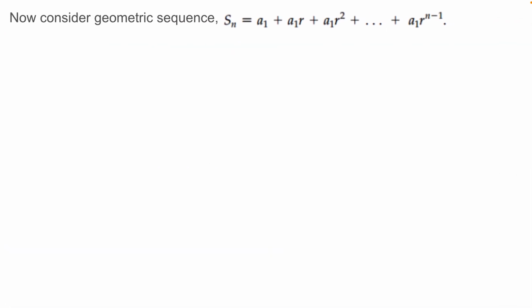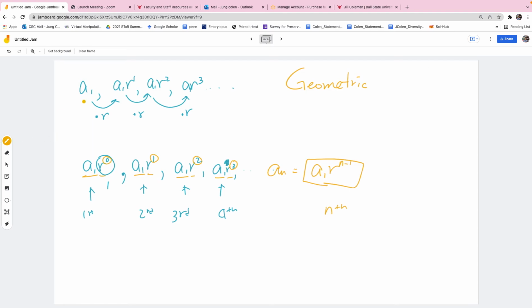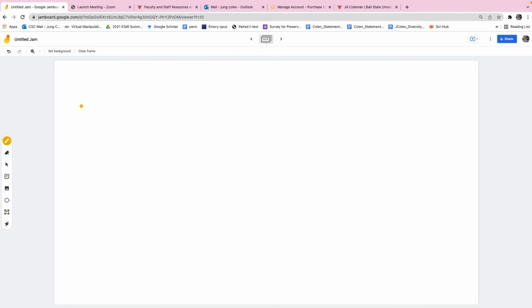So you can see the nth term is a sub 1 times R to the n minus 1 power. Using this, can we find the sum? Of course we can, right? So let me rewrite that for you.